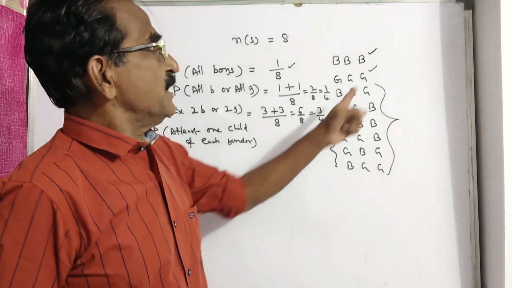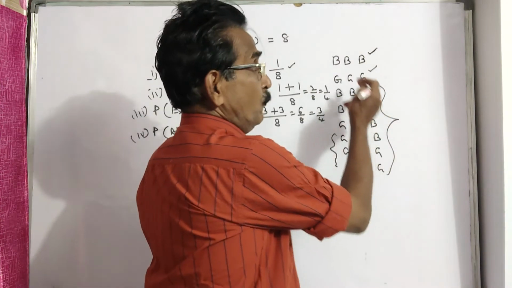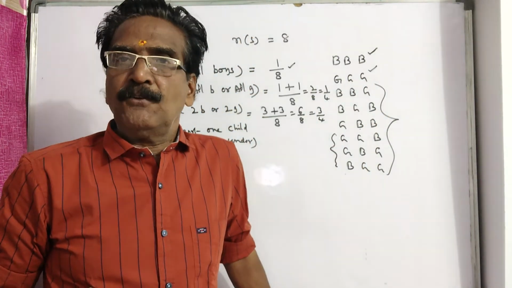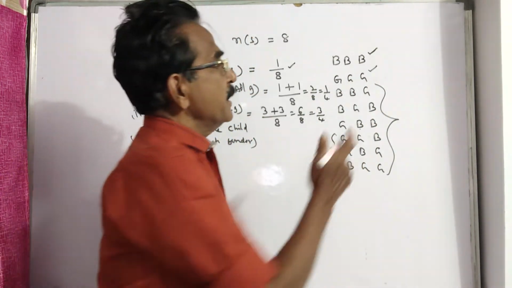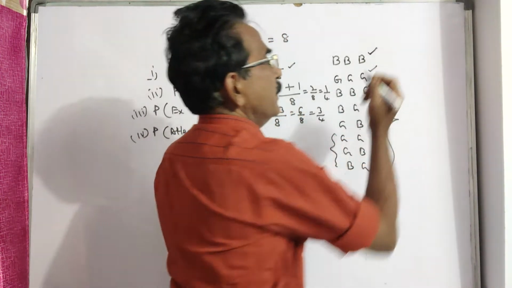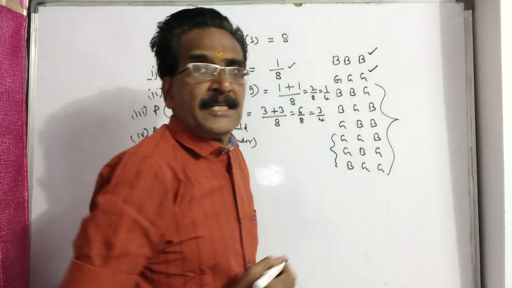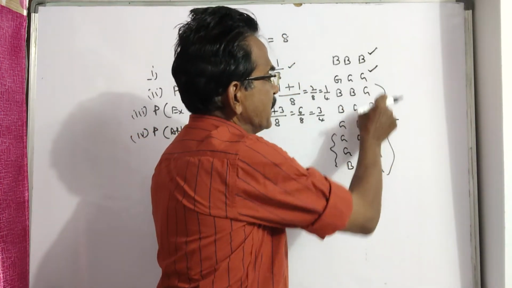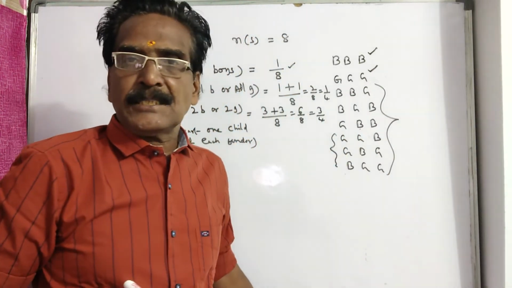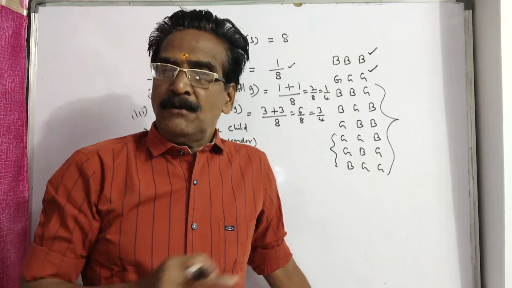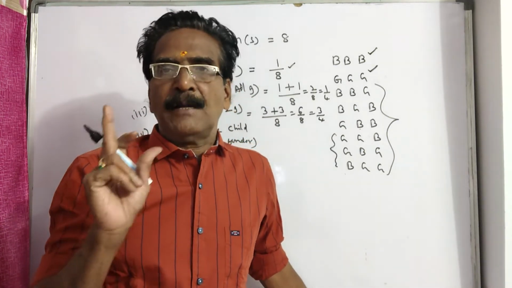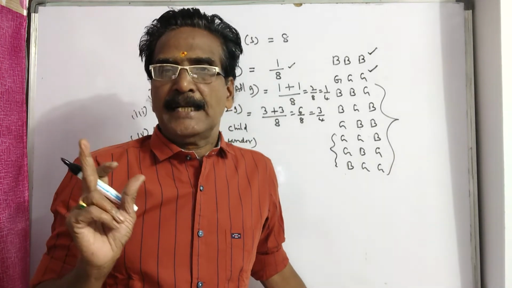Okay friends, if you look at these 8 outcomes, here there is no girl, here there is no girl, here there is no boy, here there is no boy. In the remaining 6 outcomes, you can observe there will be at least one boy and one girl.